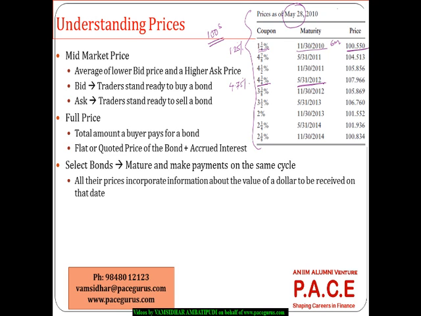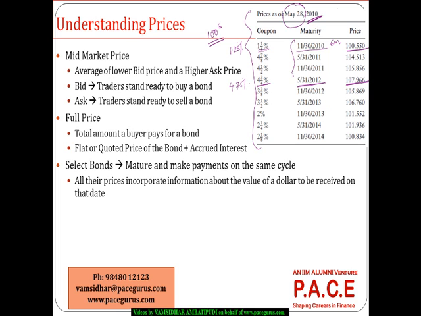It is maturing on 31st May 2012. Imagine the current date is 28th May 2010, which means 2 years from now the maturity of this bond is happening, and currently in the market, the price of it is 107.966.